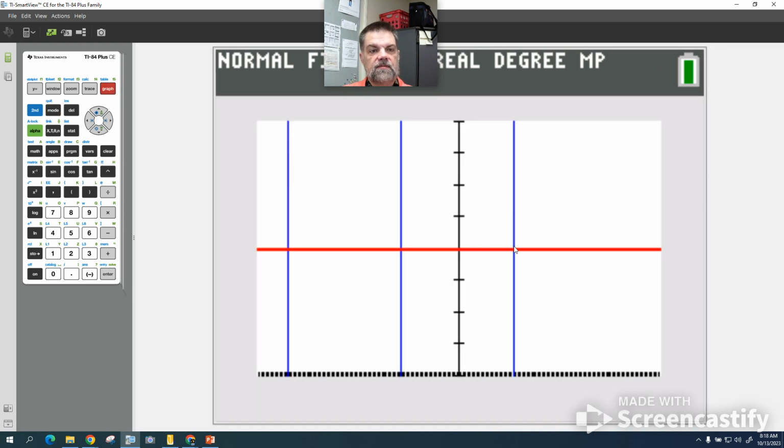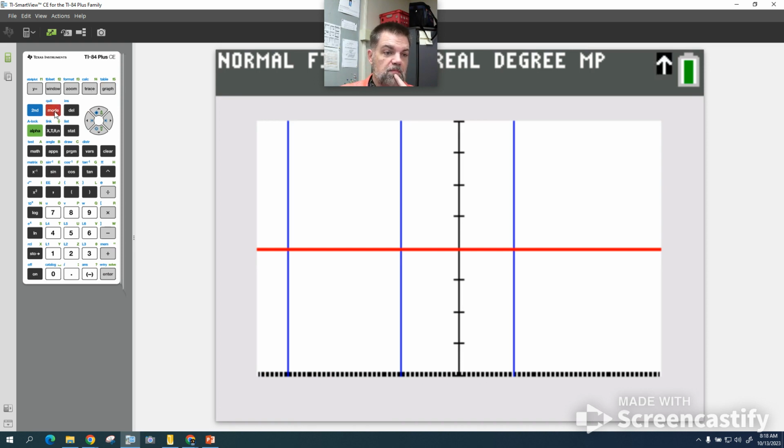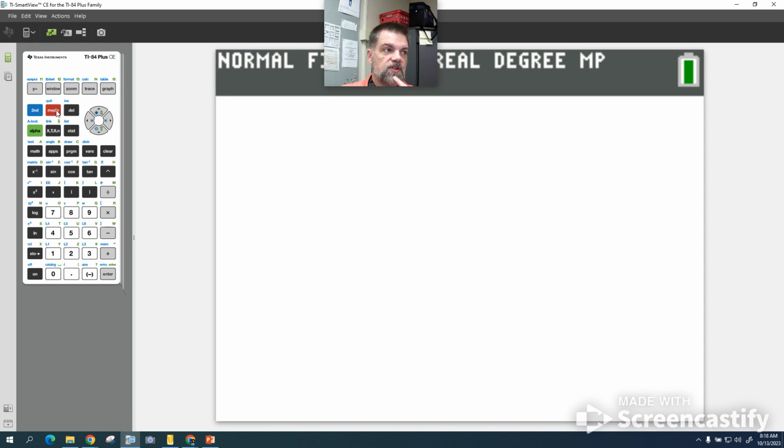So that exists. Now, here's the thing that's going to be weird, though. Let's hit second mode, and that takes you to the home screen. If I hit second and see the sine button above it in blue, it says arc sine.